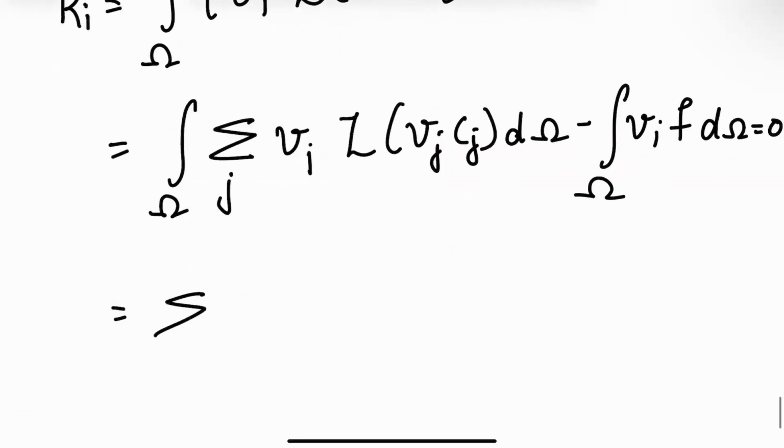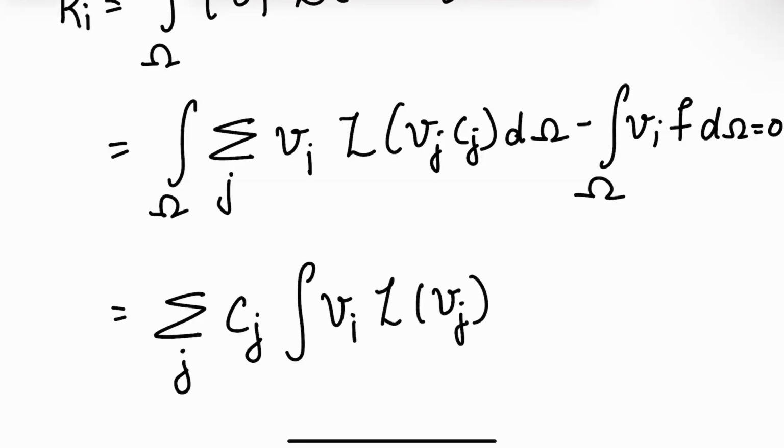We can pull the summation out and pull Cj out, because the integral is only over Vj. Cj is just a constant, right? The integral applies over Vi, L of Vj. I'm assuming this is a linear operator. Of course, we're only dealing with linear differential equations, which means the Cj can come out.